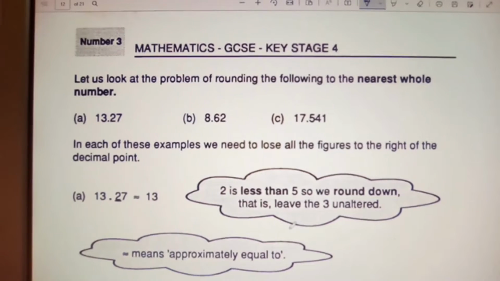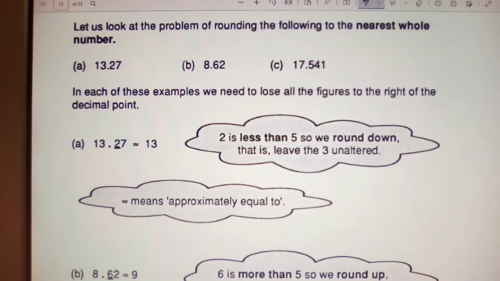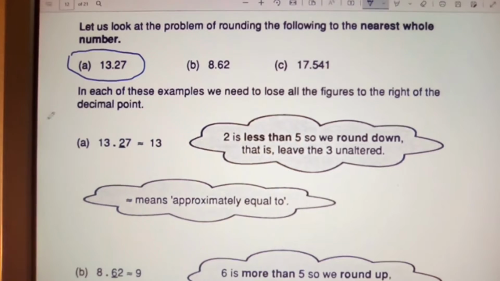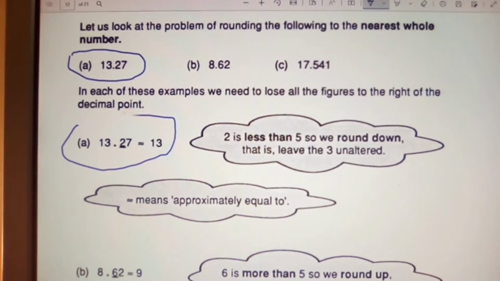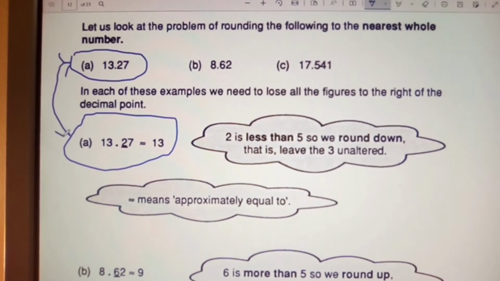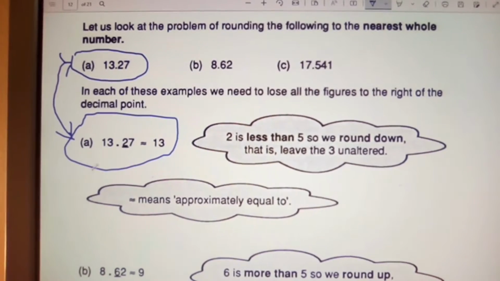Okay. Now let us look at the problems of rounding the following to the nearest whole number. A, 13.27. Now in each of these examples, we need to lose all the figures to the right of the decimal point. Right.